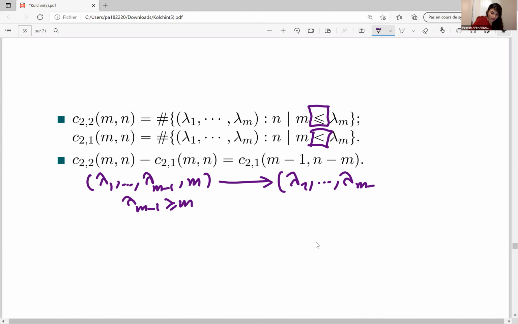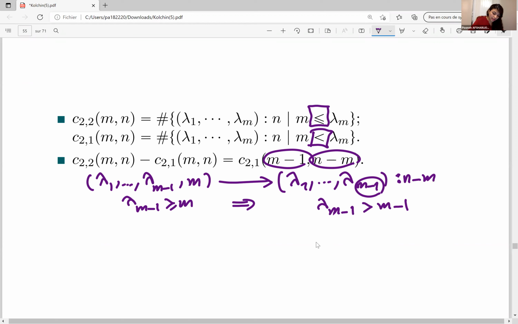So I will obtain a partition of n minus m with exactly m minus 1 parts, whose smallest part is strictly greater than its length. So it is a partition which is counted by C_21(m-1, n-m). And since it is a bijection, this proves the second equation for C_2i(m,n).